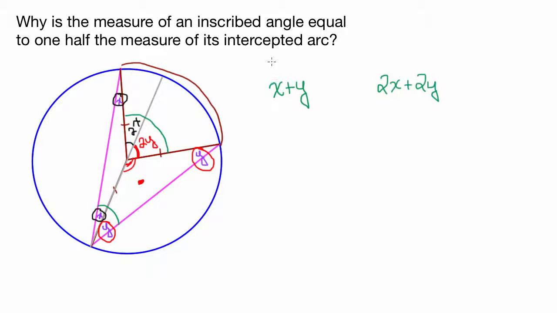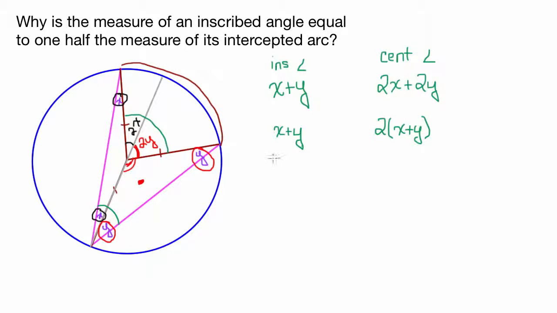Okay, so this is the inscribed angle, and this is the central angle. So look at that. x plus y, and then I could factor a 2 out of here, and I get 2 times (x plus y). So it looks like the inscribed angle is 1/2 the measure of the central angle, which makes sense.